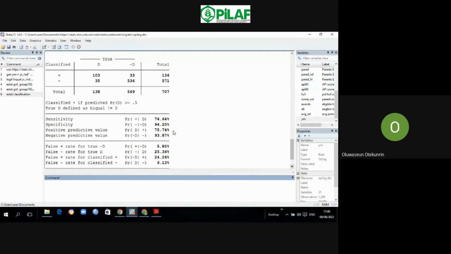So you have 536 divided by 571 times 100%. Negative predictive value is that proportion of schools with negative classifications that have been correctly classified, and that percentage is 93.87.